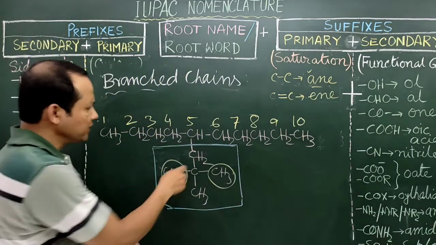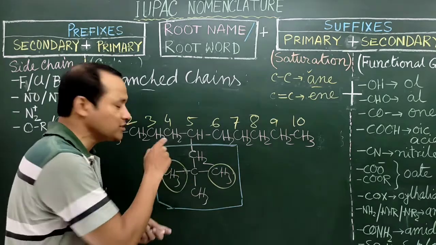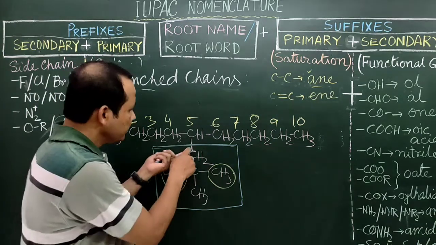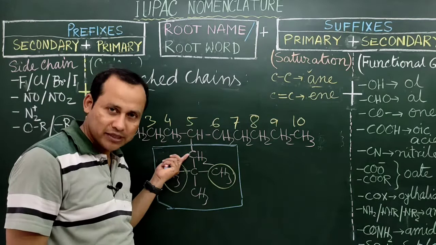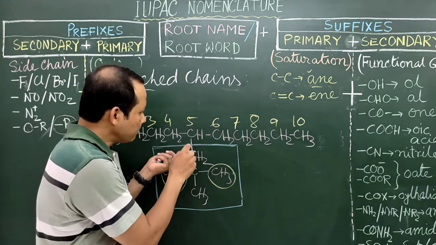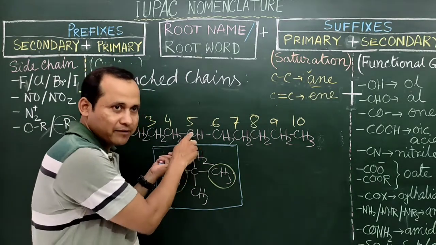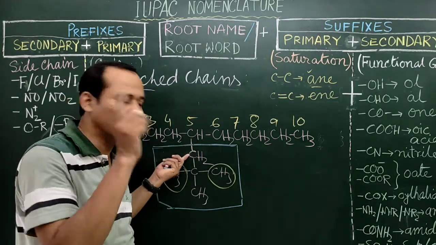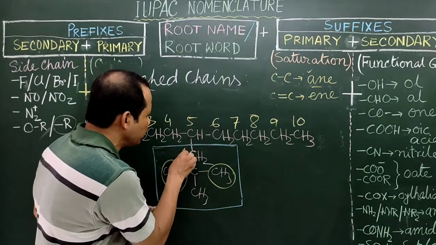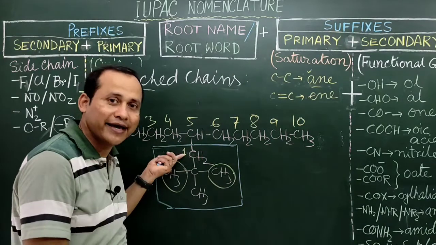Now come to this side chain, which is branched, so once again it is to be numbered, and in giving the number to this branching, the first convention is that the carbon which is attached to the main chain must be numbered 1. So essentially this will be 1. Then find out the longest chain here again.